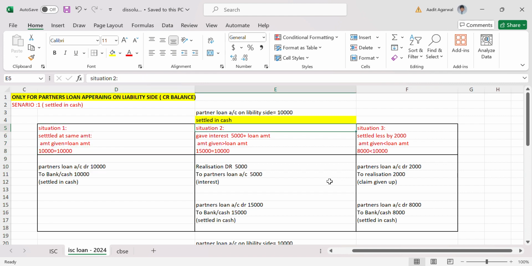The second situation could be when the amount given to the partner is more than his loan account. Suppose his loan was 10,000 but we are giving him 15,000.